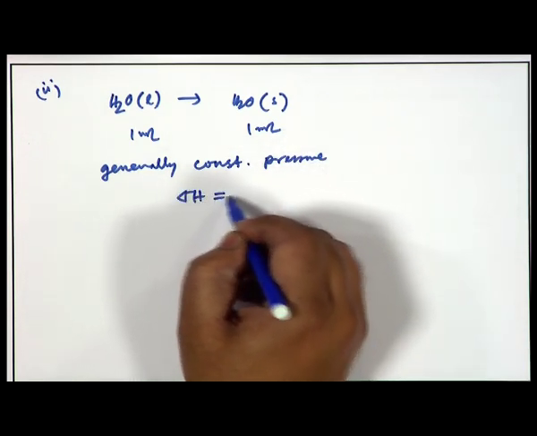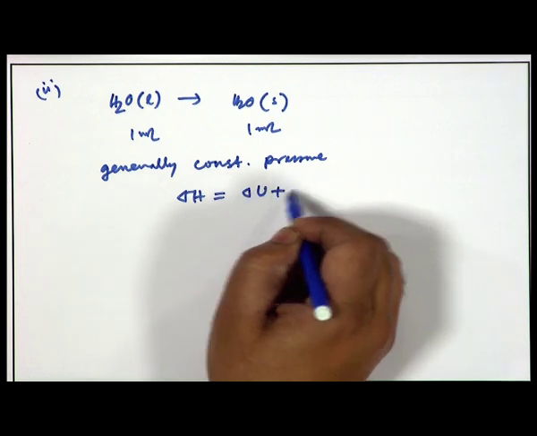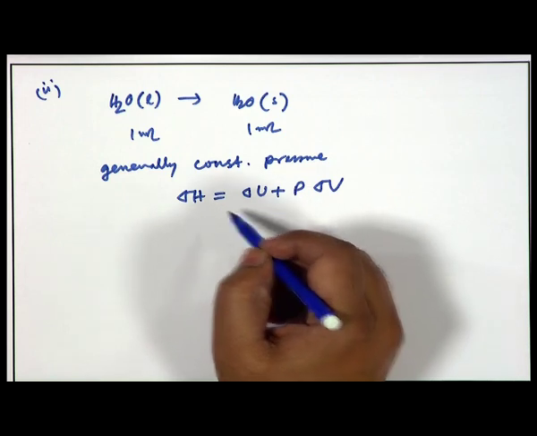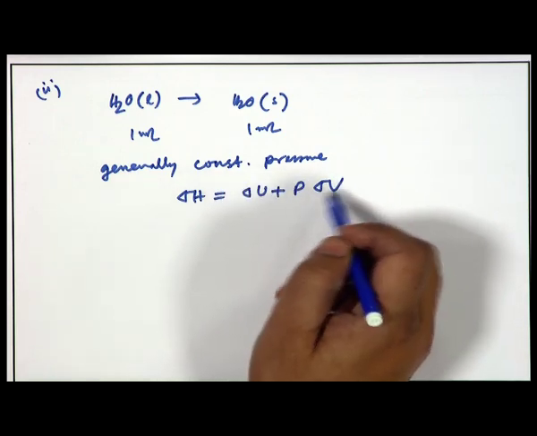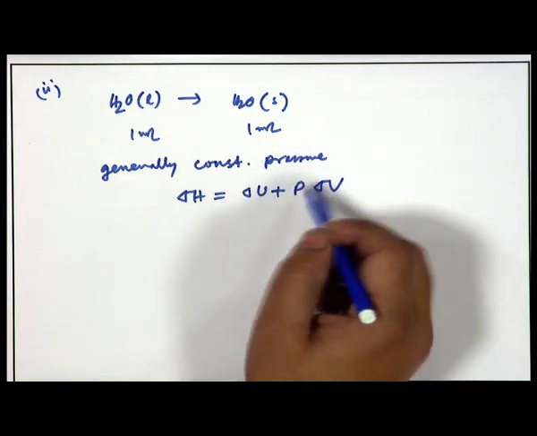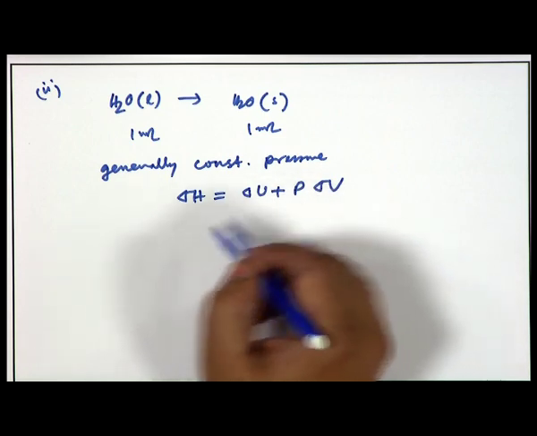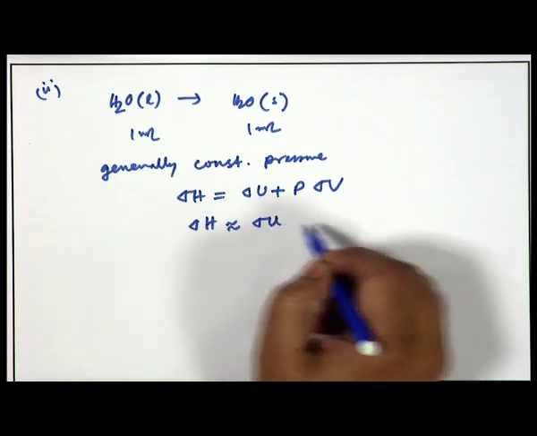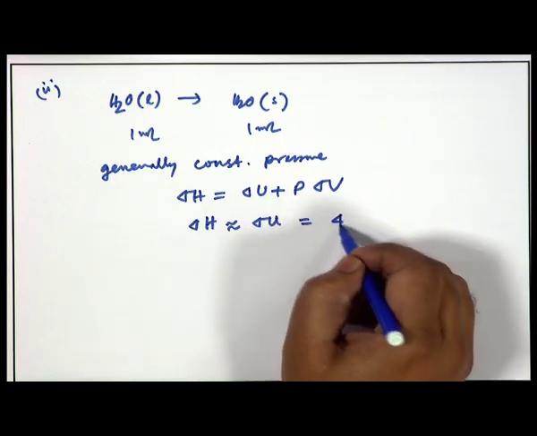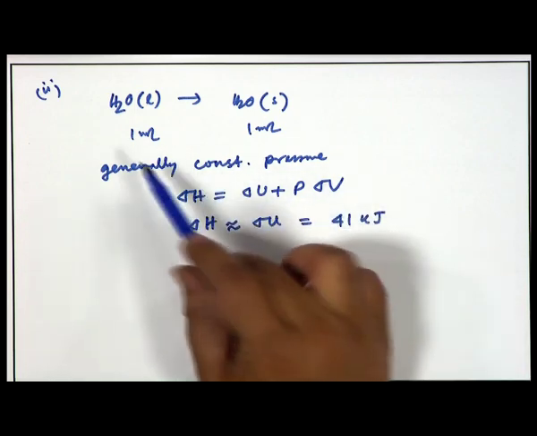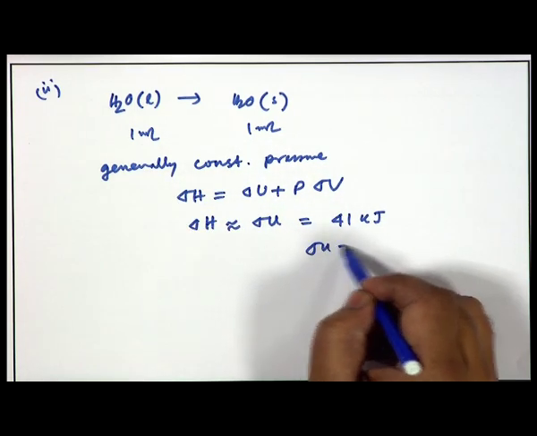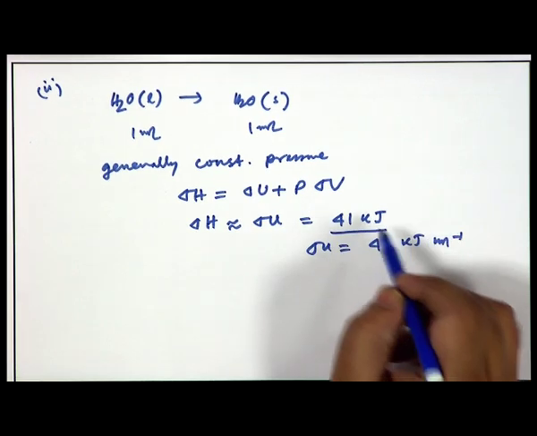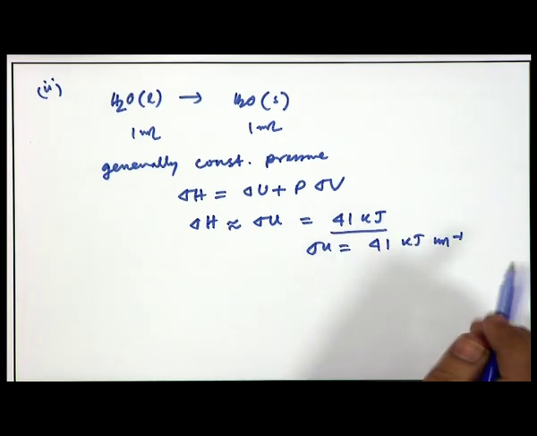So, del H can be considered as del U plus P del V, and as we talked earlier, because of solid and liquid, the volume change is negligibly small. So, in this case del H is close to del U, which is 41 kilojoule for 1 mole. So, you can write del U as equal to 41 kilojoule per mole as well, but your answer is 41 kilojoule.